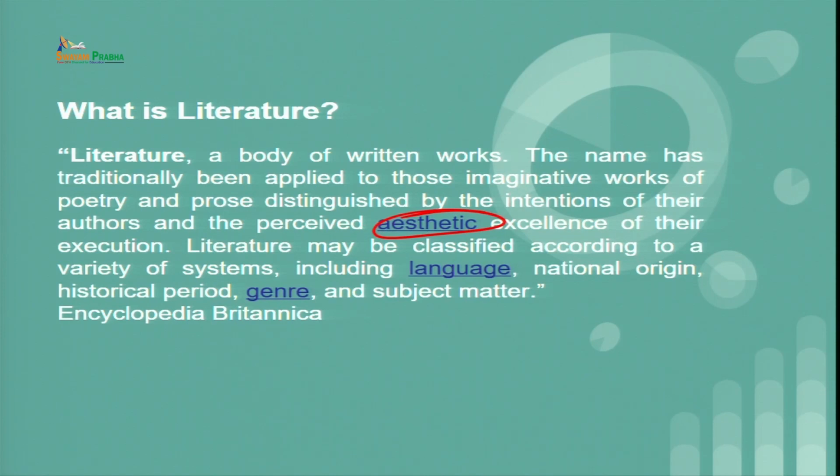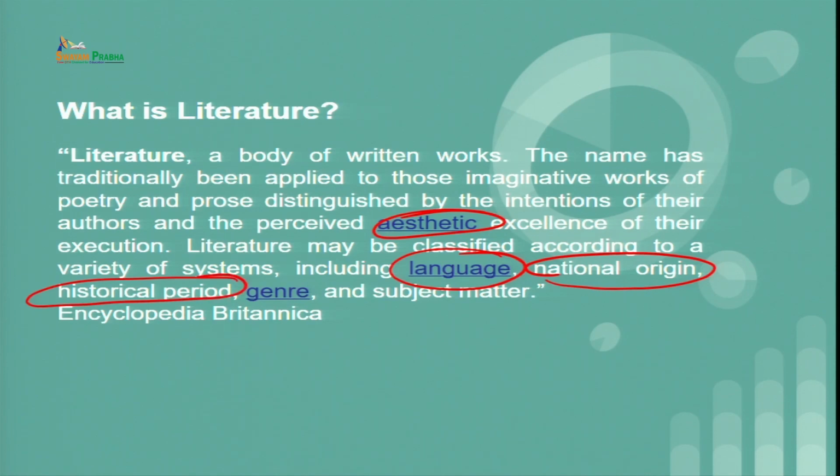Literature may be classified according to a variety of systems, including language, which makes it rich. Besides, there is national origin that is portrayed through literature, and then we can come across historical period by studying literature.